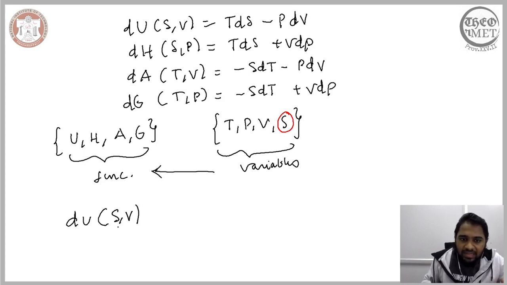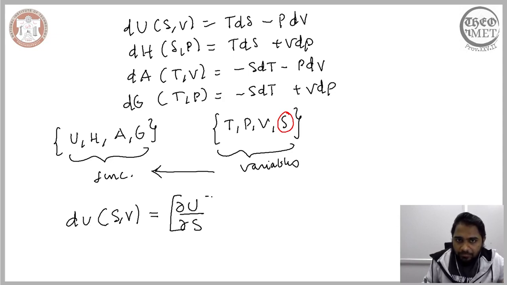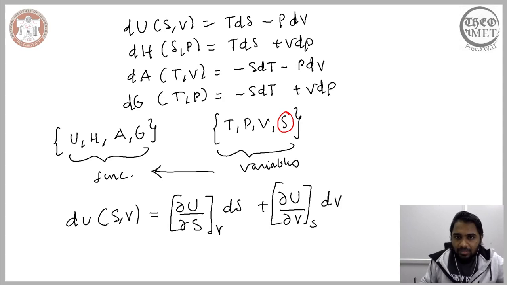Since these are two state variables, the overall change in the internal energy can be expressed as the change in the internal energy with respect to the entropy at constant volume, and the change in the internal energy with respect to volume assuming the entropy is constant. So we have equation 1 here and equation 2 here.